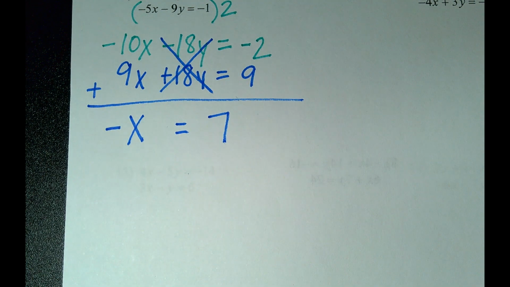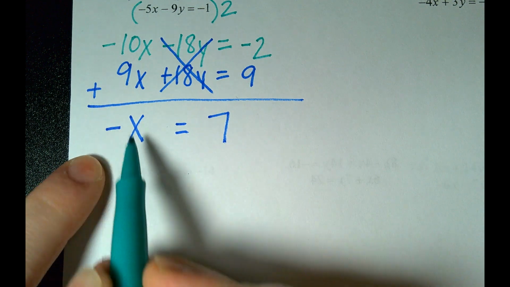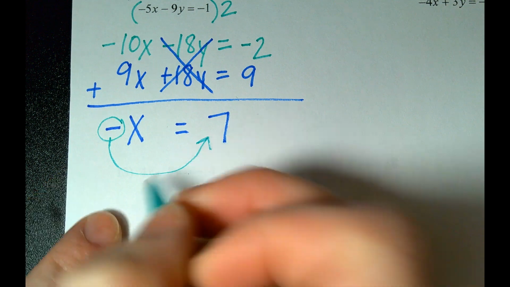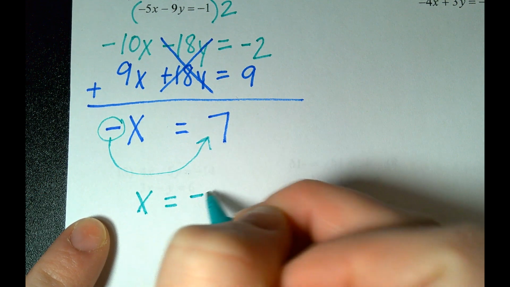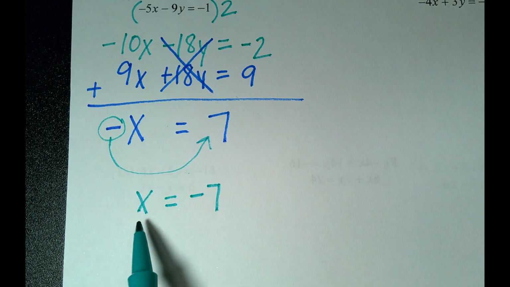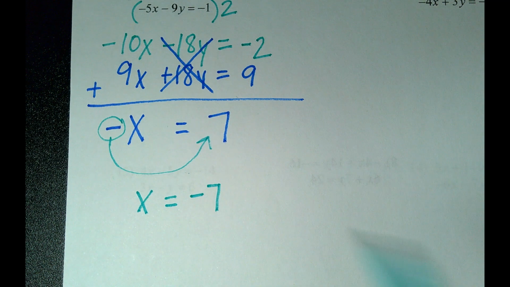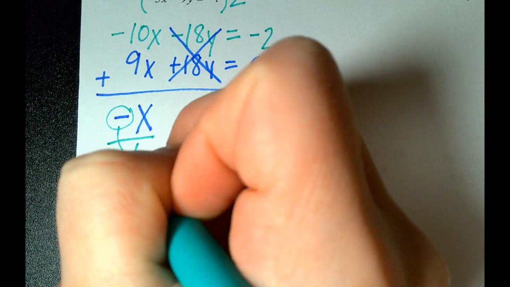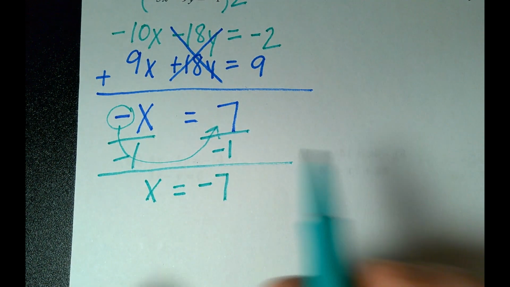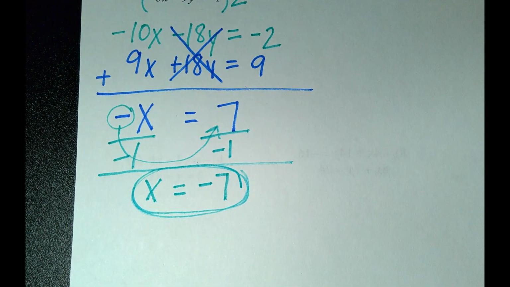Another thing we can do, as this is kind of a trick, if you end up with an answer like negative x equals 7, it really means x equals negative 7. Because if I were to divide this by negative 1 to get x, 7 divided by negative 1 gives me negative 7. So if it makes us feel a little more secure about that, we can write out that we divided by negative 1, but we end up with x equals negative 7.